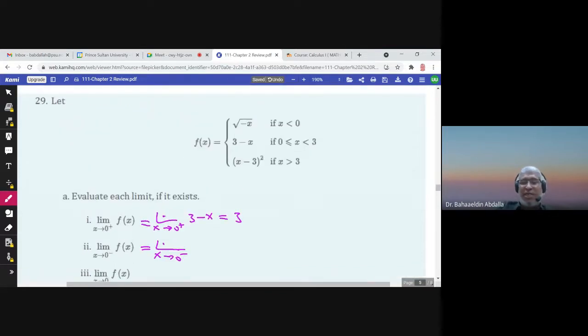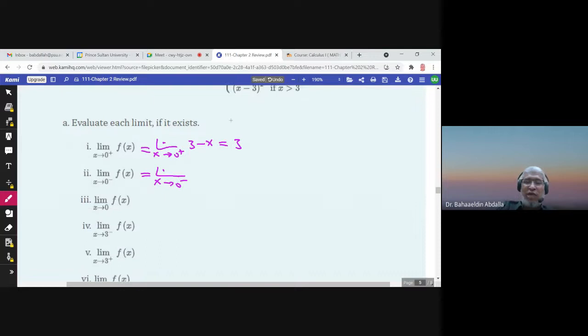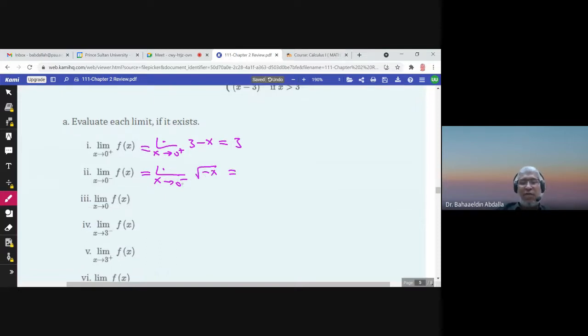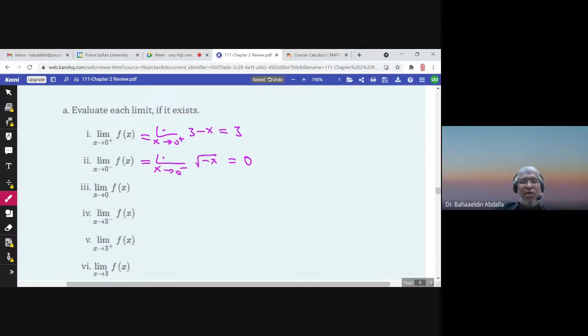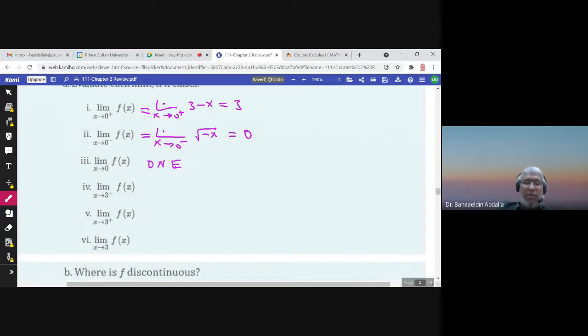X is less than 0. It would be square root of negative x. If you replace x by 0, you get square root of negative 0, square root of 0, which is 0. Limit of f of x as x approaches 0 does not exist, because the limit from the right is not equal to the limit from the left.